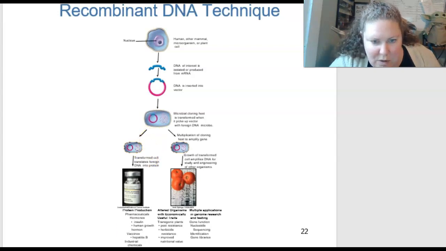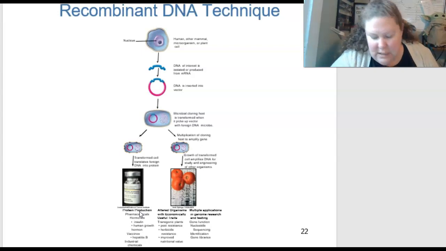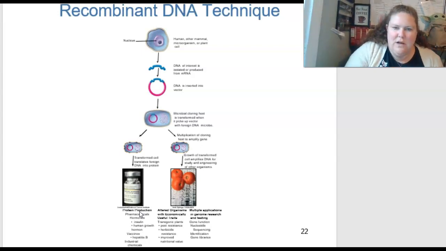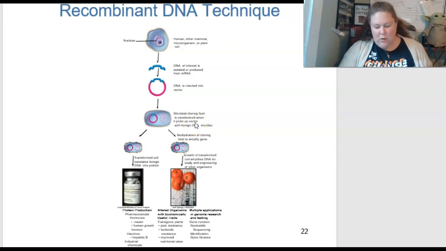An example of what this is used for is in pharmaceuticals. We can produce hormones this way, such as insulin and human growth factor, as well as vaccinations like hepatitis B, and also industrial chemicals. On the other side, we can branch off, and the growth is transformed to supply cell DNA to study and engineer other organisms.